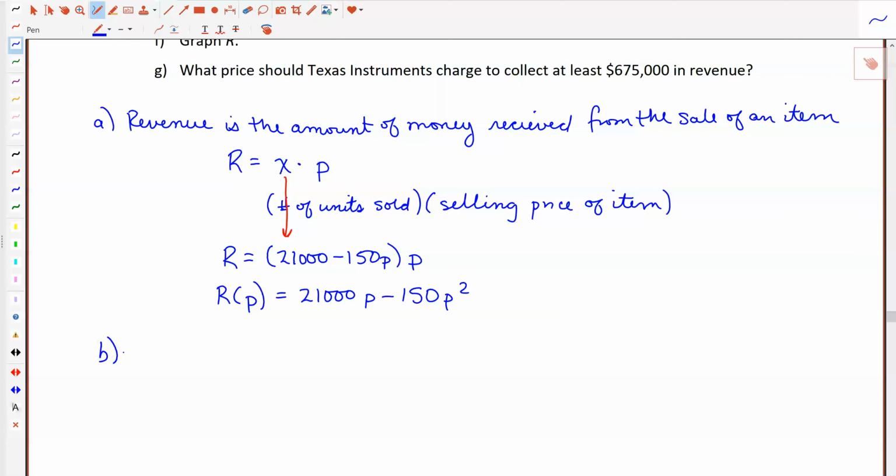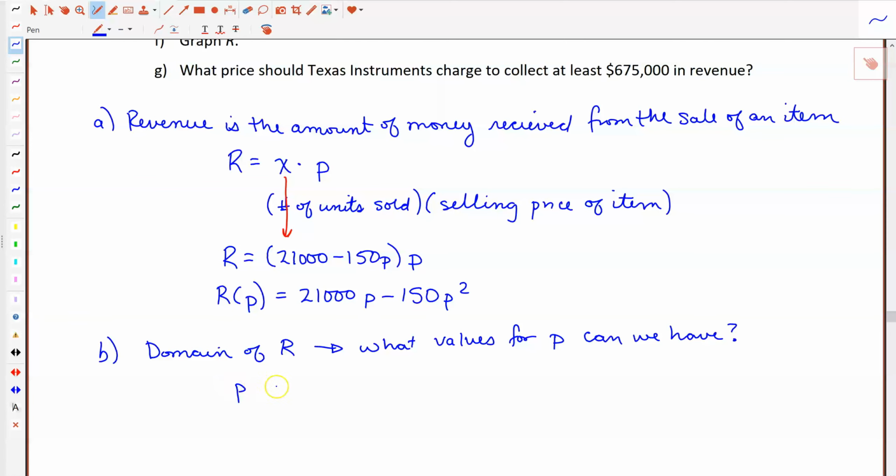For part B, this is asking us for the domain of our new function R that we just found. The domain is asking us what values for P, our independent variable, can we have? Well, first thing, just look at what P is.